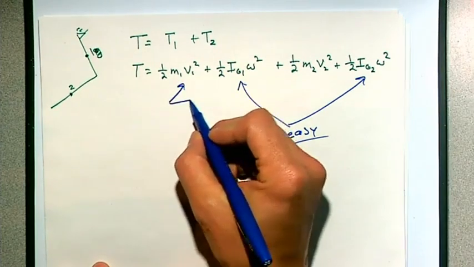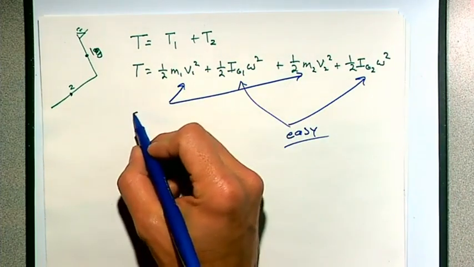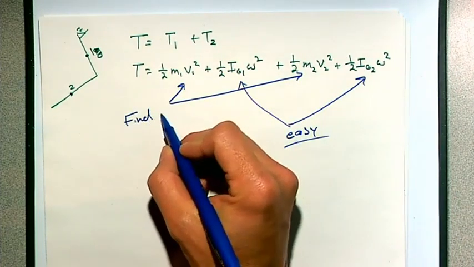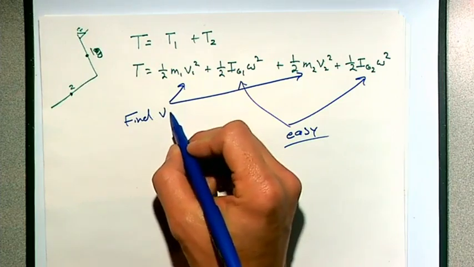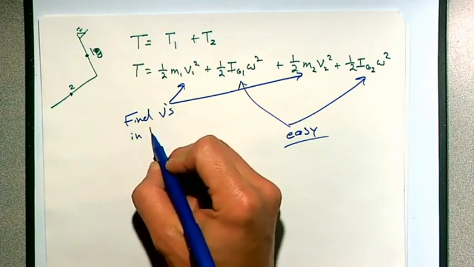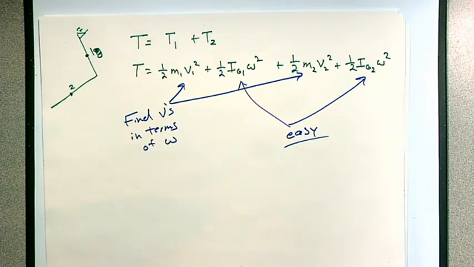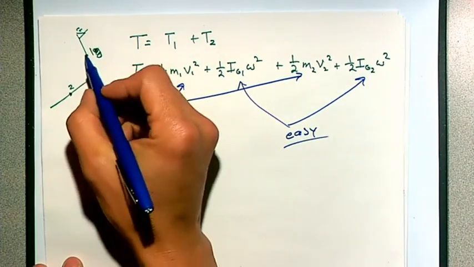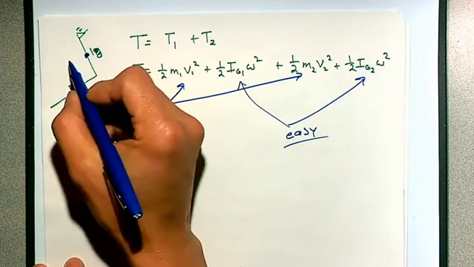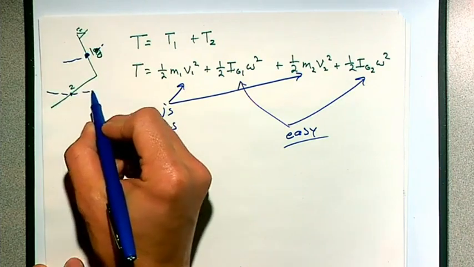Where you've got to pay the price a little bit is that for these two terms, we have to track their velocities. We need to find these in terms of omega. So we need to figure out how fast the CG is going. So my V1, it's on a circular path. My V2, it's on a circular path.